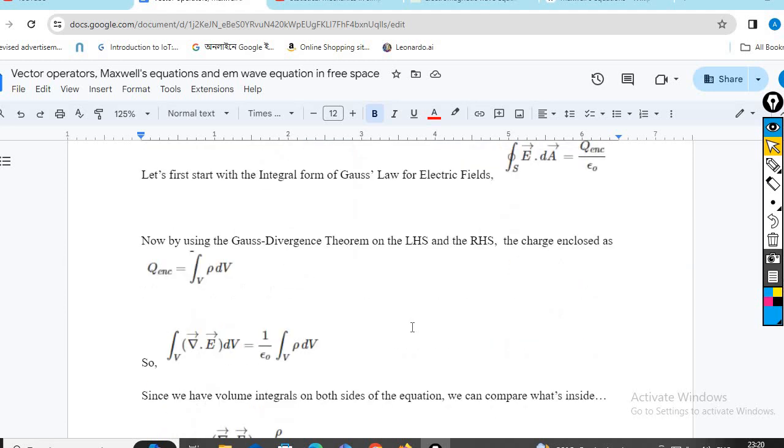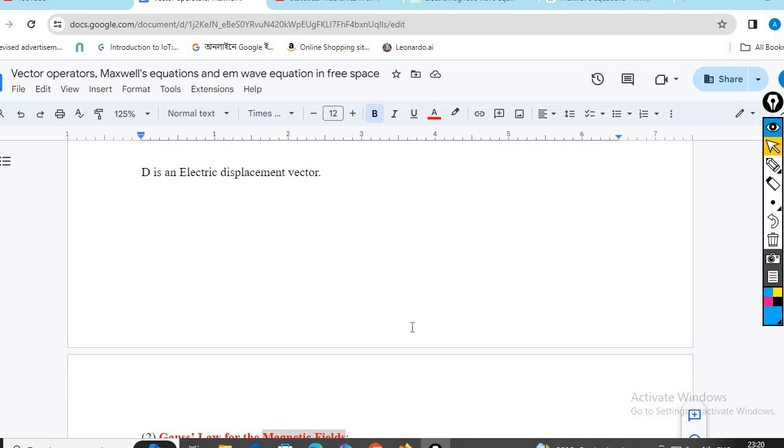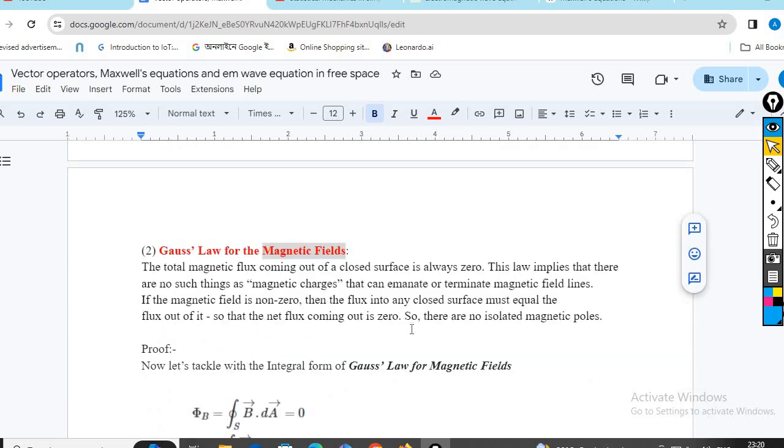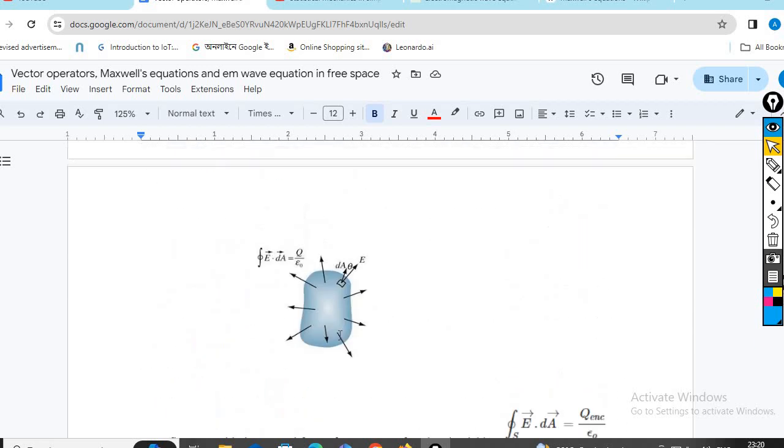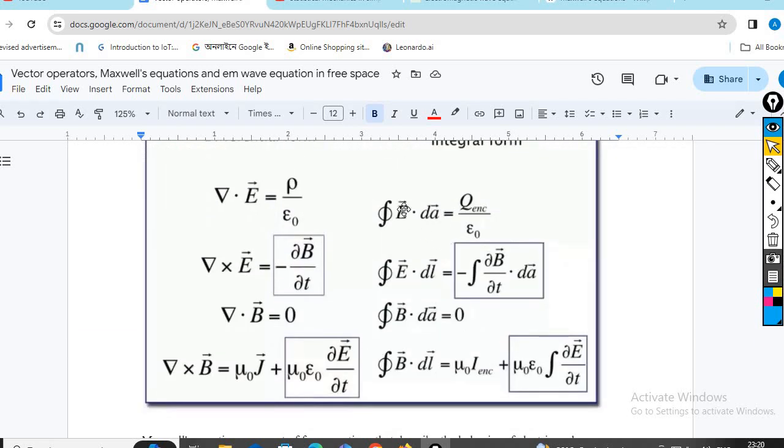The most important part of Maxwell's equations is that he was able to combine the electric field and magnetic field in four equations. The first equation, the Gaussian equation, gives the idea about the electric field. The divergence of the electric field may be positive, negative, or equal to 0.